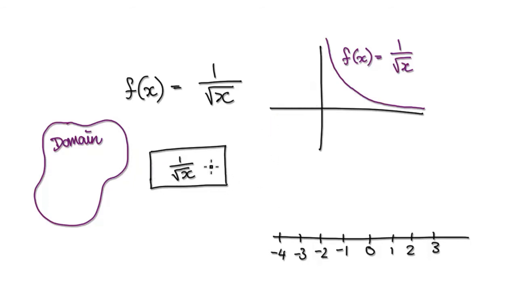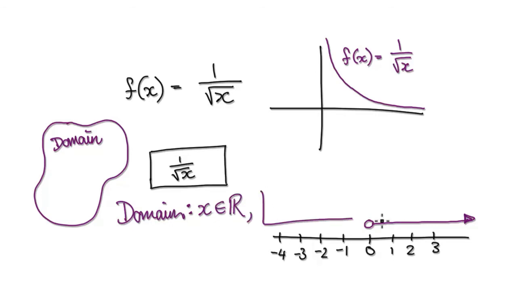So don't go putting a negative in there. Okay, so the domain for this function is anything on the real number line, and it can't be 0 and it can't be negative. So it's really anything on the right hand side of 0. So when you come to specify the domain, it would be domain dot x can be anything on the real number line, comma, and then you have to specify your condition.